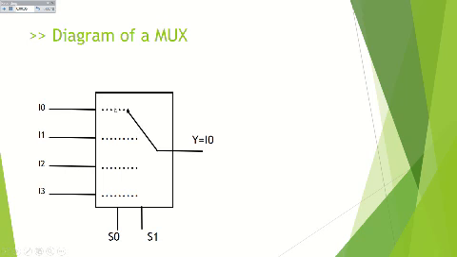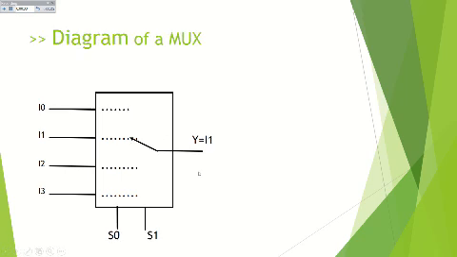When the dialer points to input 0, it brings out the output which contains information from input 0. The same goes for input 1.